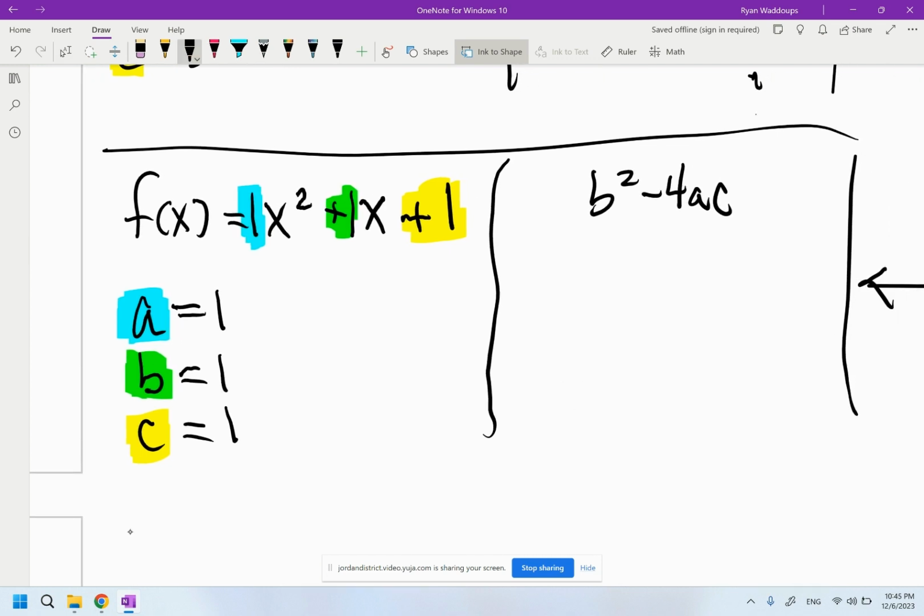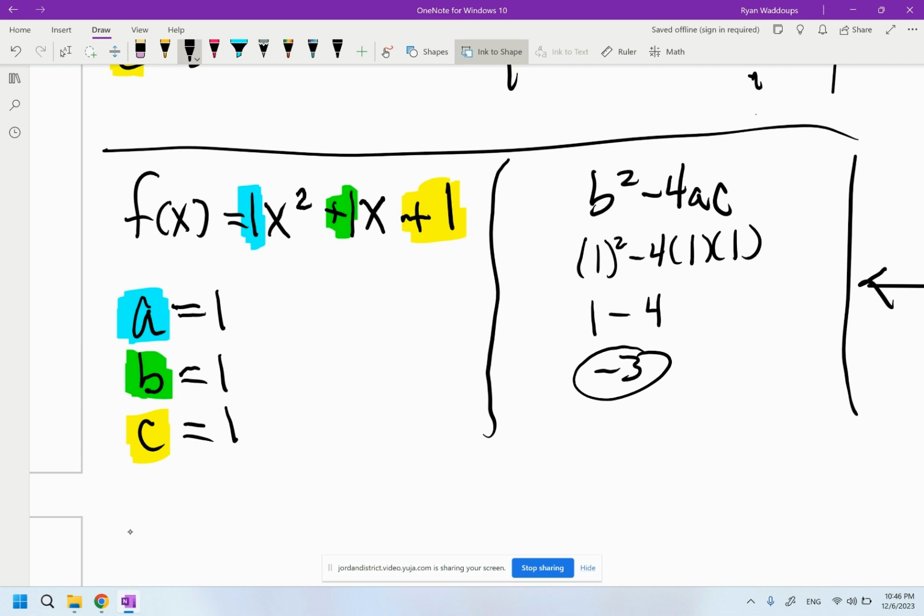I can plug those in over here into my discriminant. B is 1, so that's 1 squared, minus 4 times A times C. And A is 1 and C is 1. Now I just evaluate this. 1 squared is 1. Minus 4 times 1 is still minus 4, and the other 1 multiplied is also minus 4. So it's just minus 4, and 1 minus 4 is negative 3.